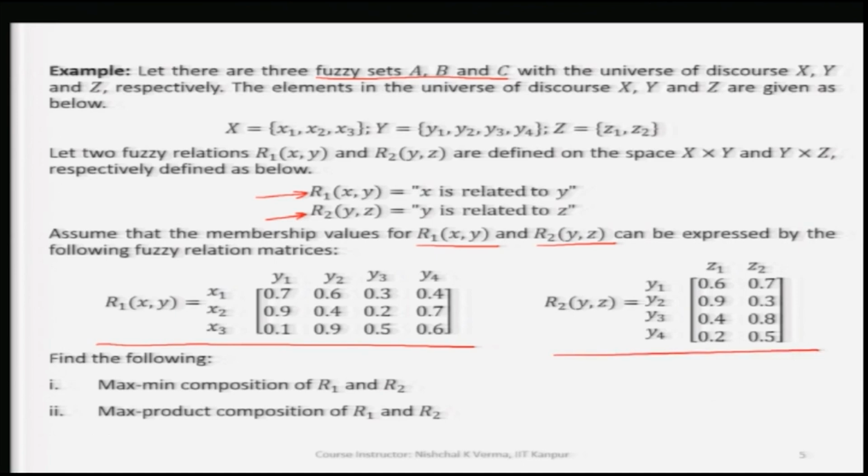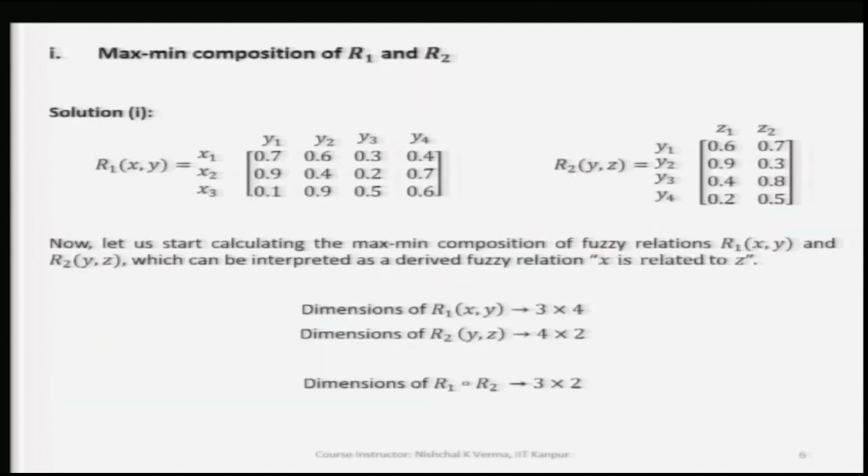R1 is in terms of the generic variables x and y, and R2 is in terms of the generic variables y and z. Let us go for the max-min composition of R1 and R2 first. One very important thing to note here is that the dimension of R1 is 3 cross 4, and the dimension of R2 is 4 cross 2.